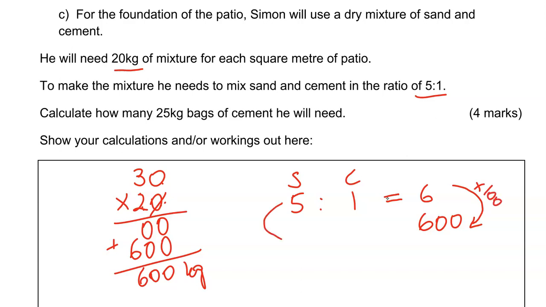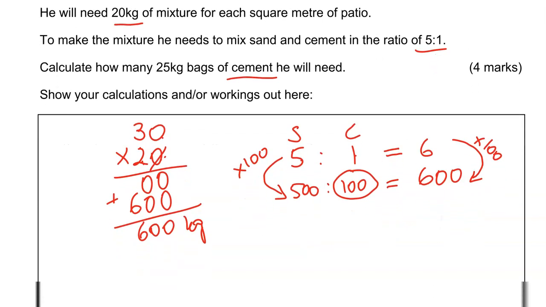So we'll do the same on the other side. So 5 times 100 is 500. 1 times 100 is 100. What we are interested in is the cement, and that is 100 kilograms of cement that are needed.